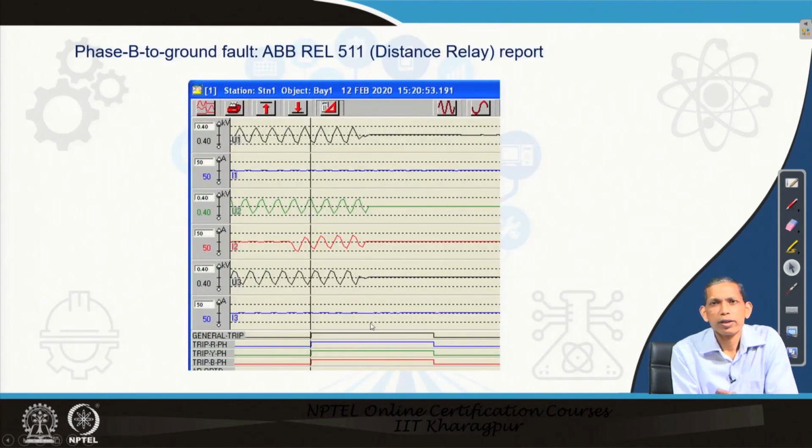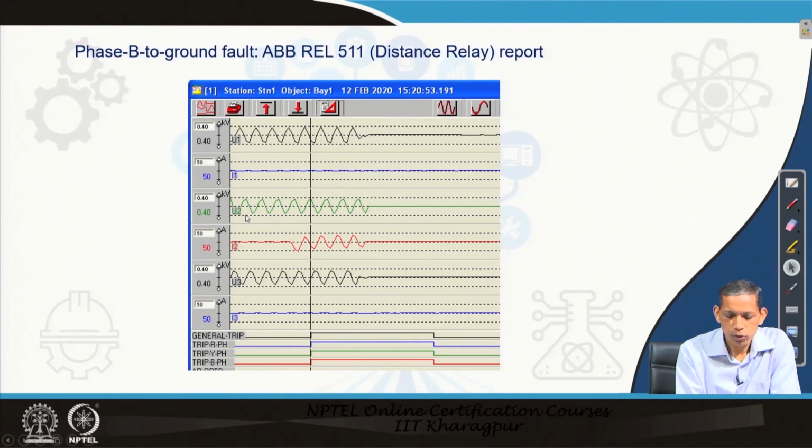Now, come to an example on this aspect. In a system there is a phase B to ground fault and a relay records the event, a numerical relay. Say in this case U1, U2 and U3 are the voltages for the R, Y, B phases, and I1, I2, I3 are the corresponding currents.